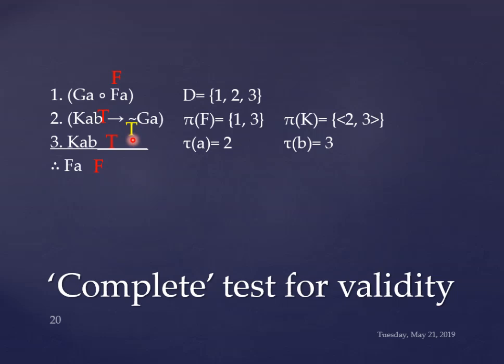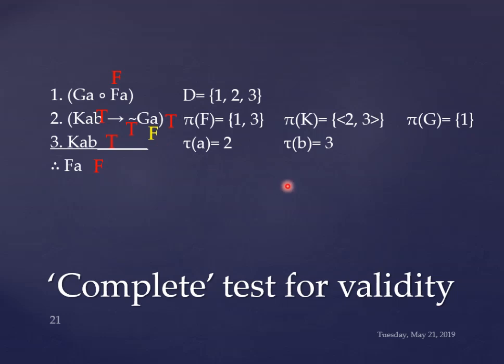So if this negated GA is true, then GA itself must be false. In order to create a model that shows that GA is false, I'm going to create a predicate extension for G, and I'm only going to put the number 1 in it. The number 2 is not in it, so therefore GA is false. What that does is make my negation true, which makes my premise true because I have a true antecedent and a true consequent.